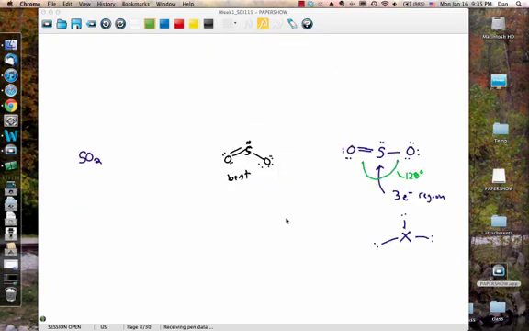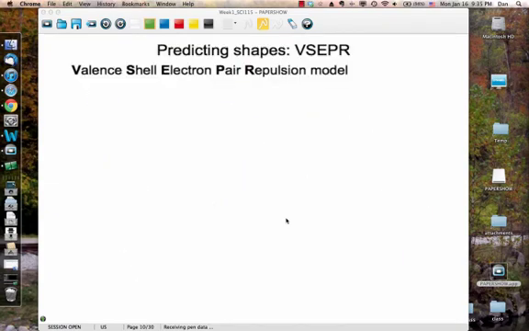And the reason for this, we can simplify, is what we call VSEPR. VSEPR actually also describes the shape. Valence shell electron pair repulsion basically looks at how electrons interact with the atoms that are bound to it.